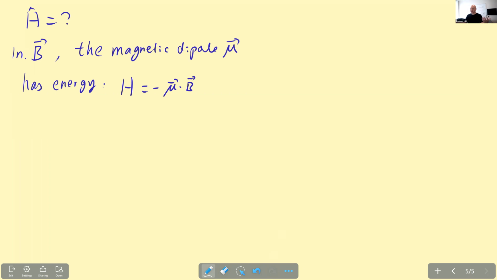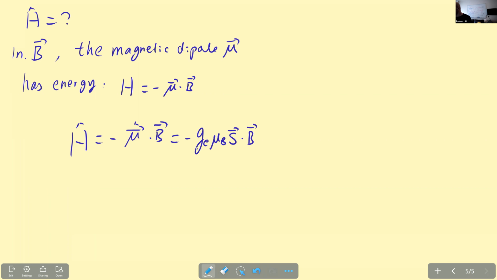Now we have quantum mechanics, so we obtain the result. The Hamiltonian just equals minus the mu operator dotted with this magnetic field. That is just minus e mu B and S dot this B divided by h bar, right?